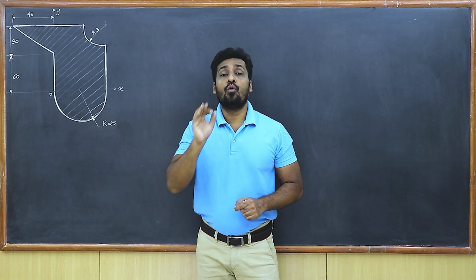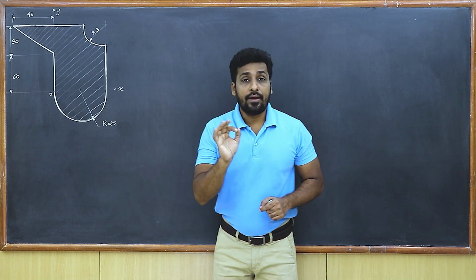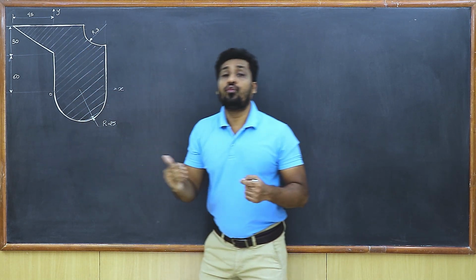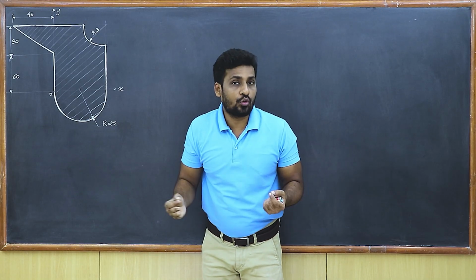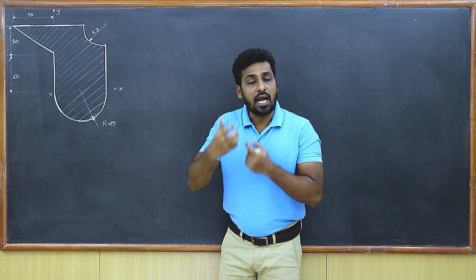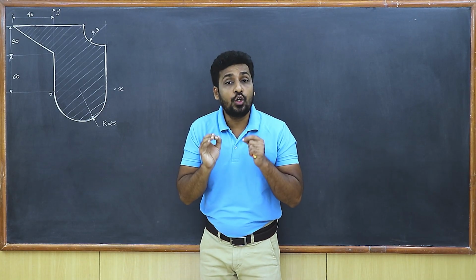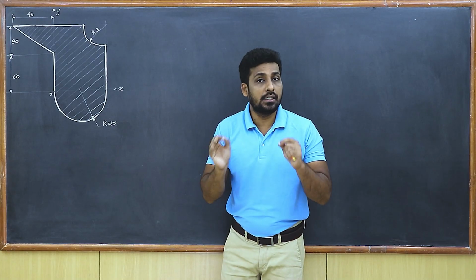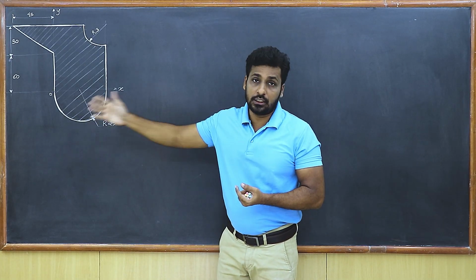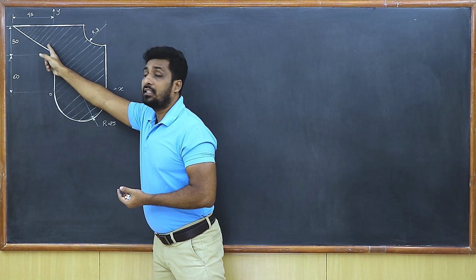So this becomes a very important question and concept, students. Whenever the standard shapes move into the second, third or fourth quadrant, what will happen to their centroids? Obviously, if the standard shape is in the second, third or the fourth quadrant, then the centroids of these standard shapes will also fall into the respective quadrants. That means for the triangle, I can see that it is in the second quadrant.